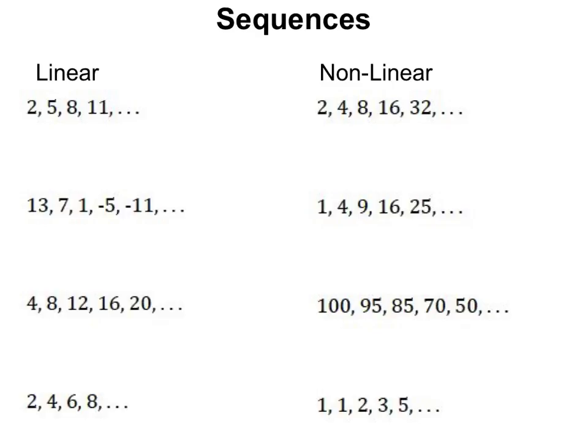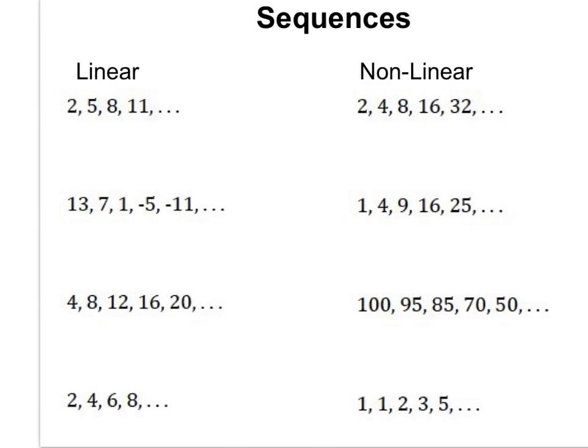When we look at sequences, we have linear versus nonlinear. And when we do this, we want to look for jumps. From 2 to 5, we add 3. From 5 to 8, we add 3. And 8 to 11, we add 3.